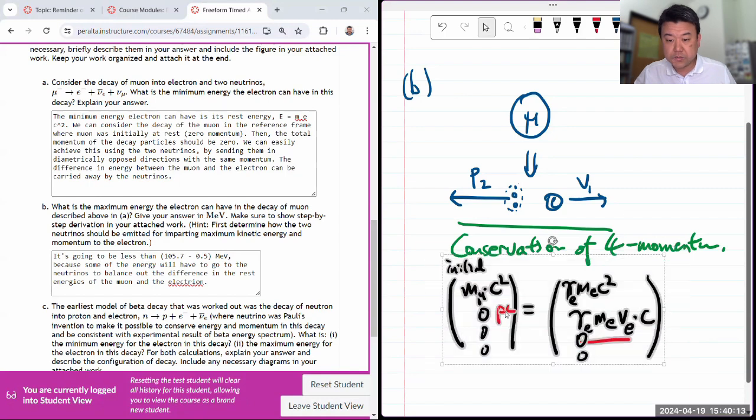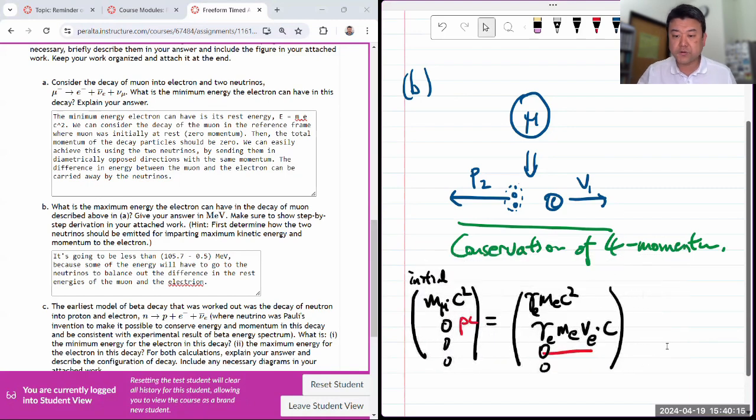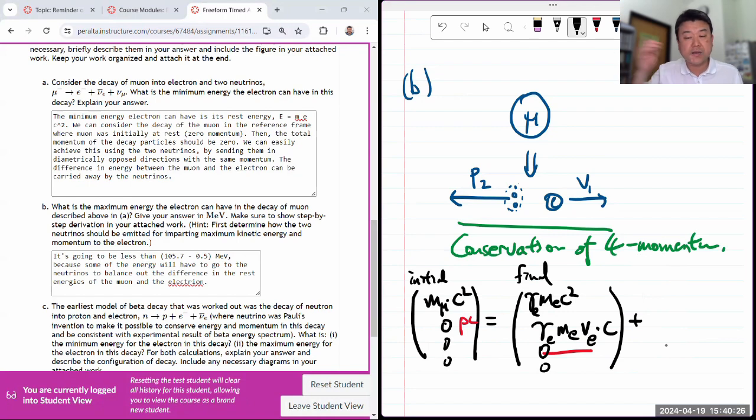So I have those for the muon and the electron in the final state, and you will find that this cannot possibly conserve both energy and momentum. So you need another particle to carry away the extra momentum, and that's going to be the neutrino. Treating it as massless, we'll have 2 times the energy of the neutrino on the energy component.